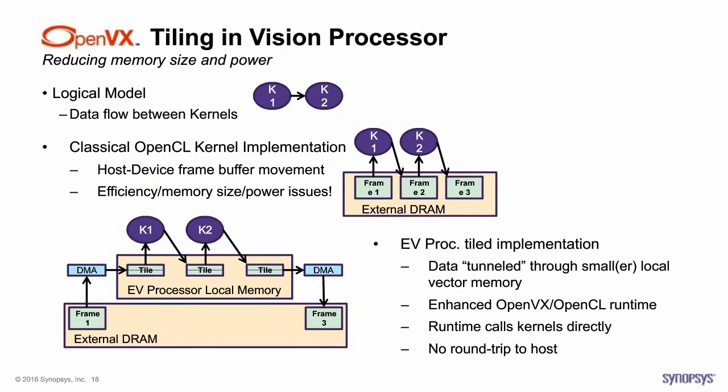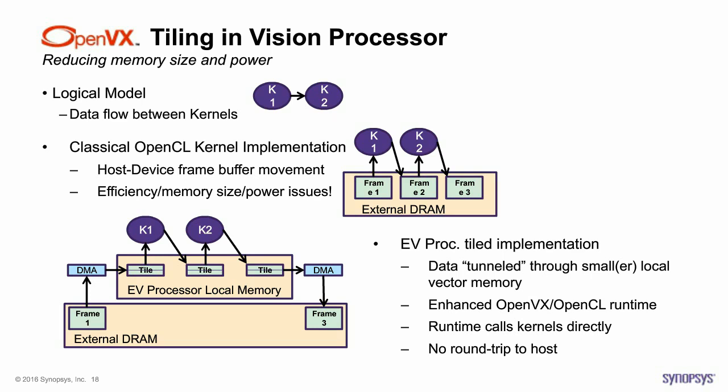One thing that we do support is tiling within the processors. In previous vision processors, the frame would typically be brought into the processor in its entirety. You go through the first phase of analysis. There are a number of phases in the analysis of a frame from the video stream.